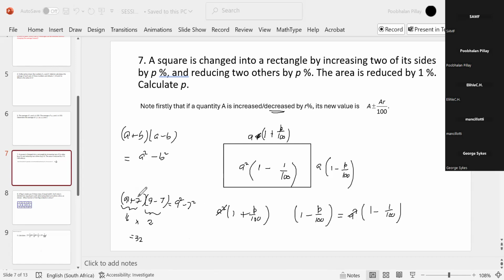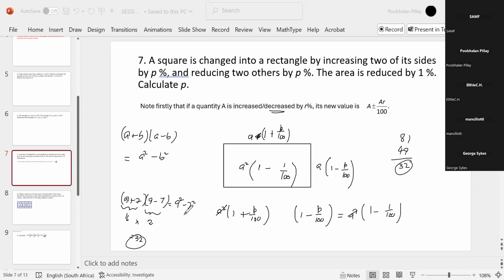I'm saying a plus b times a minus b is a squared minus b squared. What is 9 squared? 9 squared is 81. 7 squared is 49. Subtract. Lo and behold, same answer. I'm just testing this. This is not the proof, but I'm testing the truth of this. And it's true no matter what A and B are.